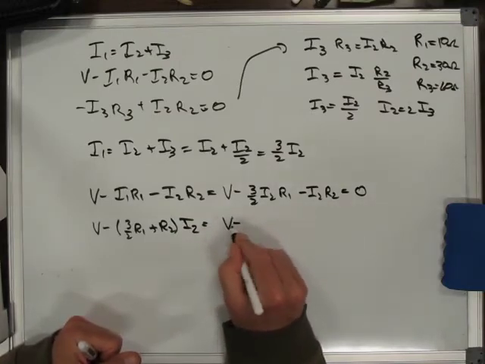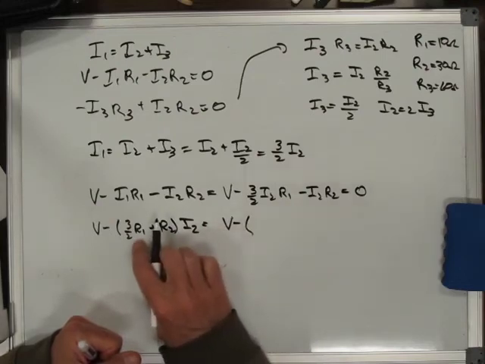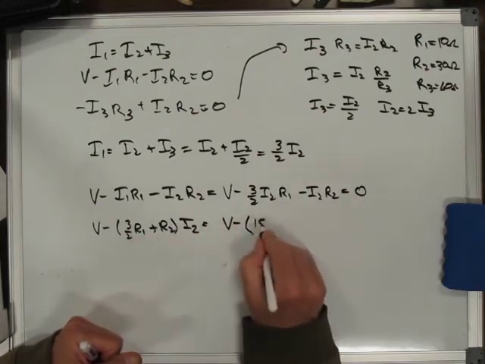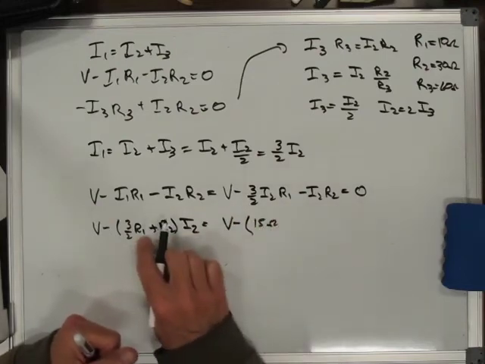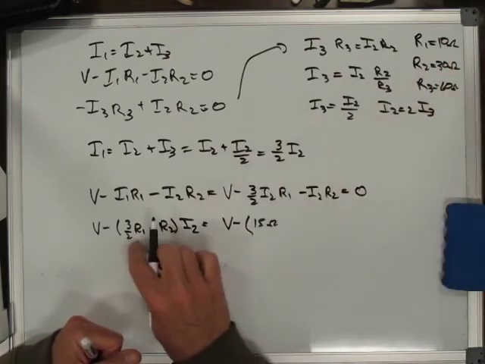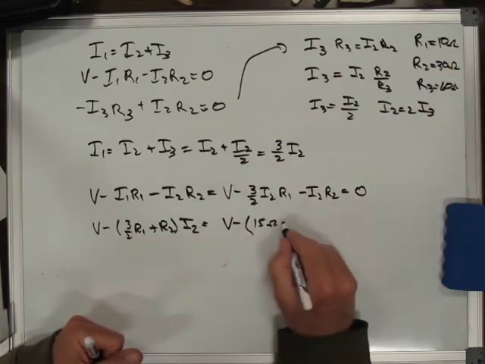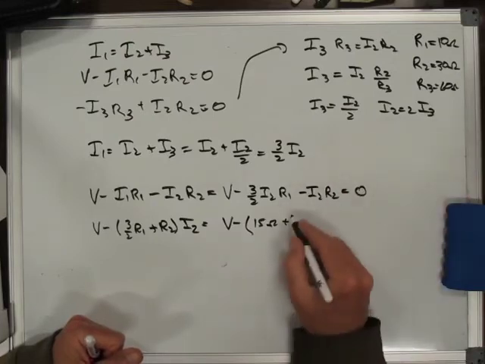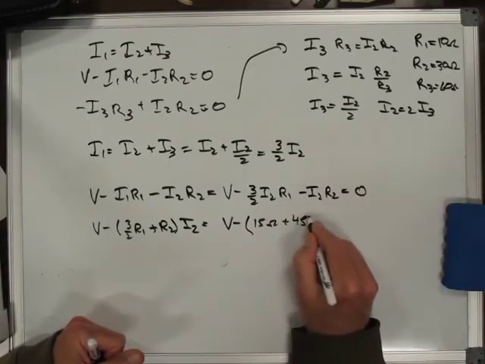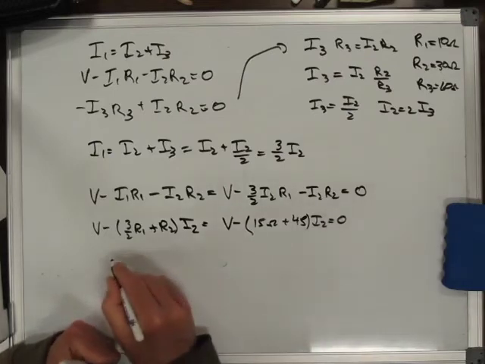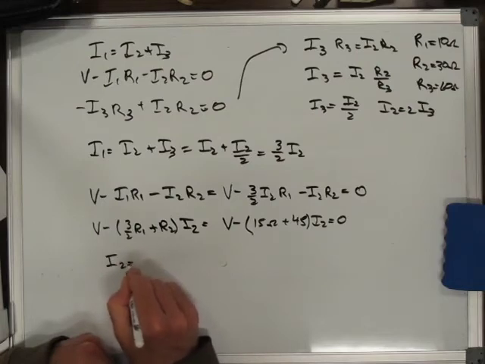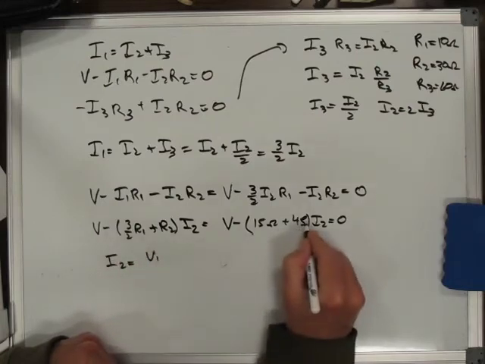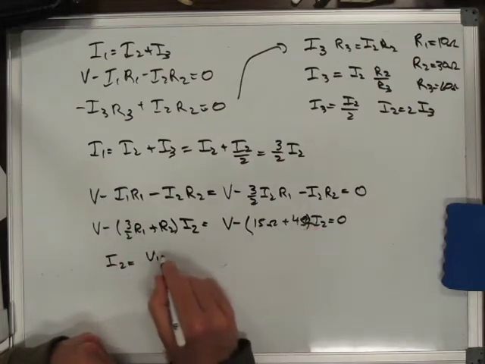So that's V minus, and so 3/2 R1 is 15, because R1 is 10, right? And so times 3/2 is 15, plus R2, which is 30, so it's 45. Sorry, that should be 45 ohms there.